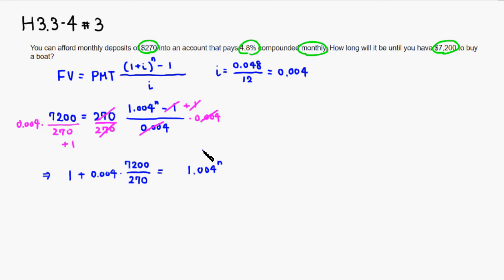At least I can knock off one of the zeros: divide the top by 10 and the bottom by 10 so that we don't have to look at the big numbers.